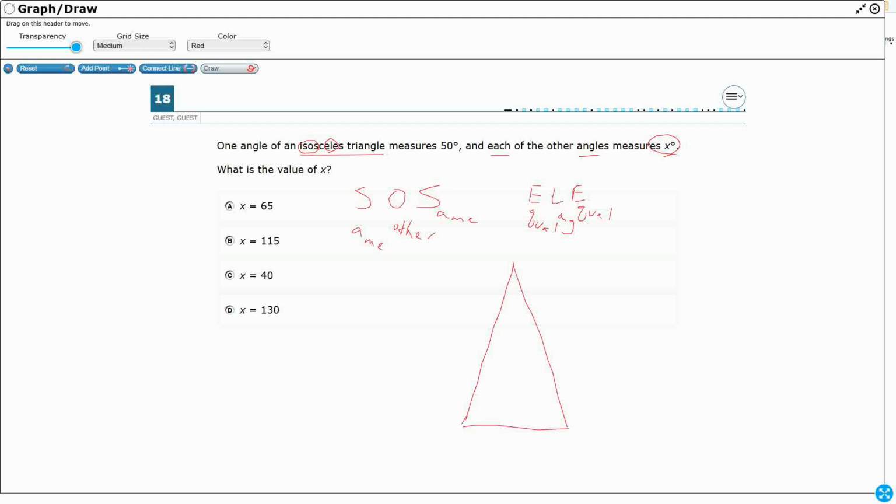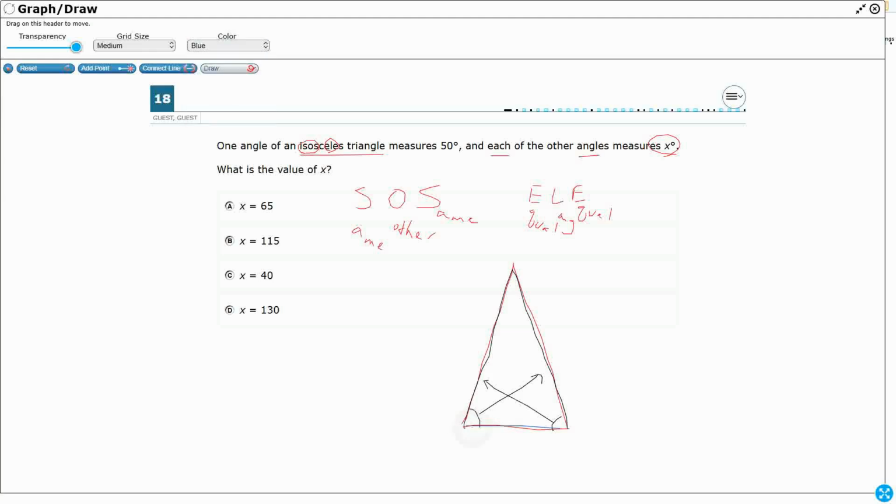Well, let's look at our two sides that I made equal. I purposely made these two long. These are my two equal sides. And what we know in triangles is that each side corresponds to the angle across from it. So this angle right here corresponds with that side. This angle right here corresponds with that side. The one side that is different, I'll put in blue, is the short one.